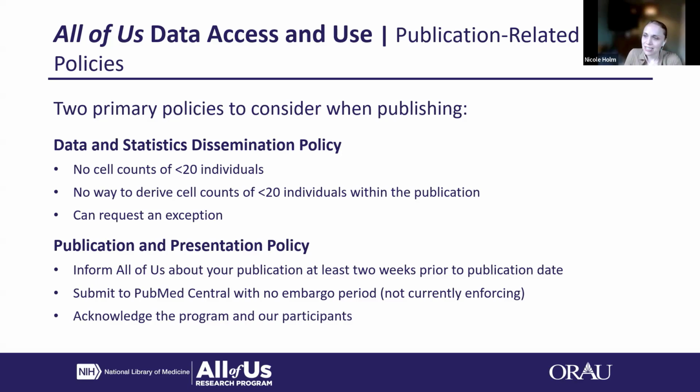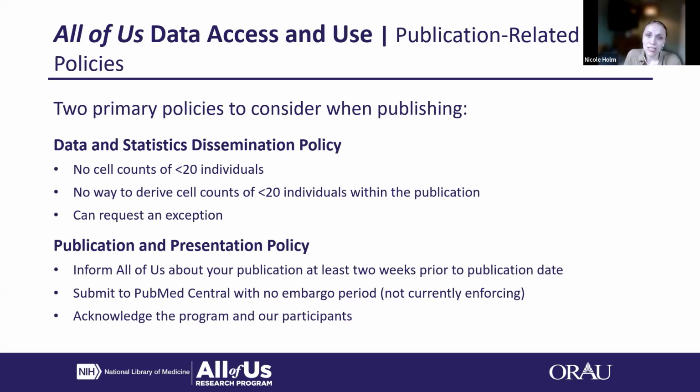And the data and statistics dissemination policy is linked in one of the previous slides. It expressly details that you are not allowed to share cell or participant counts fewer than 20, nor should there be any way that anyone reading or watching your research product can calculate a participant count of fewer than 20.